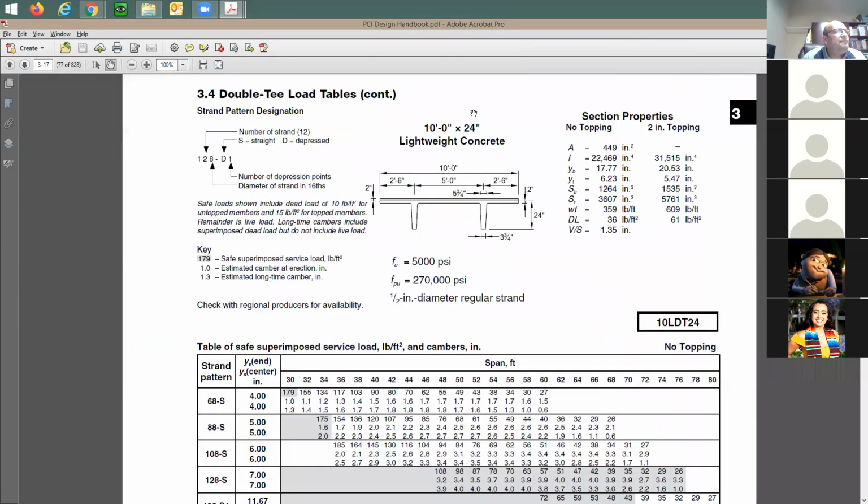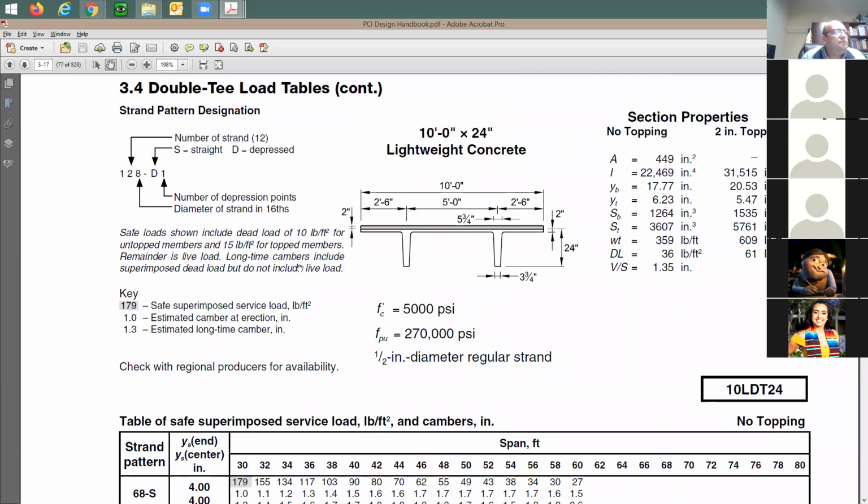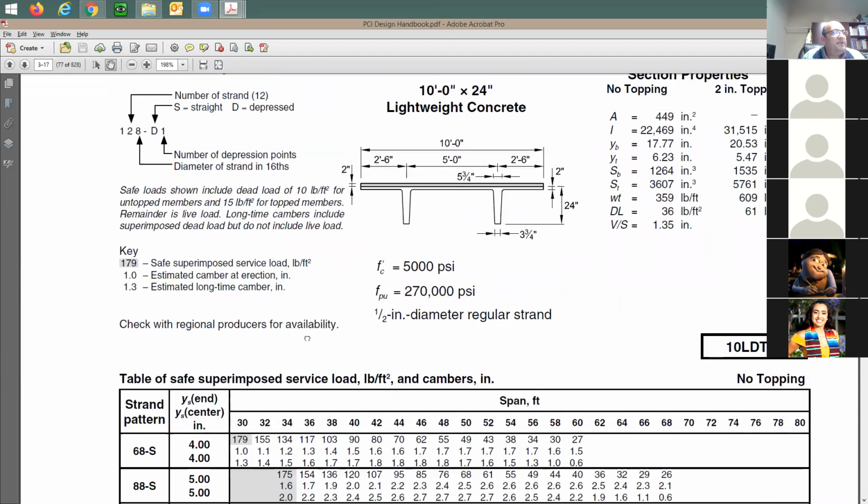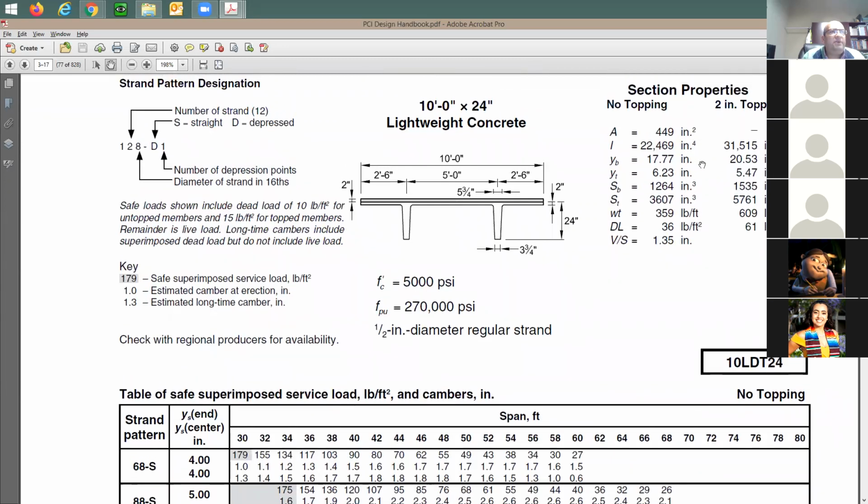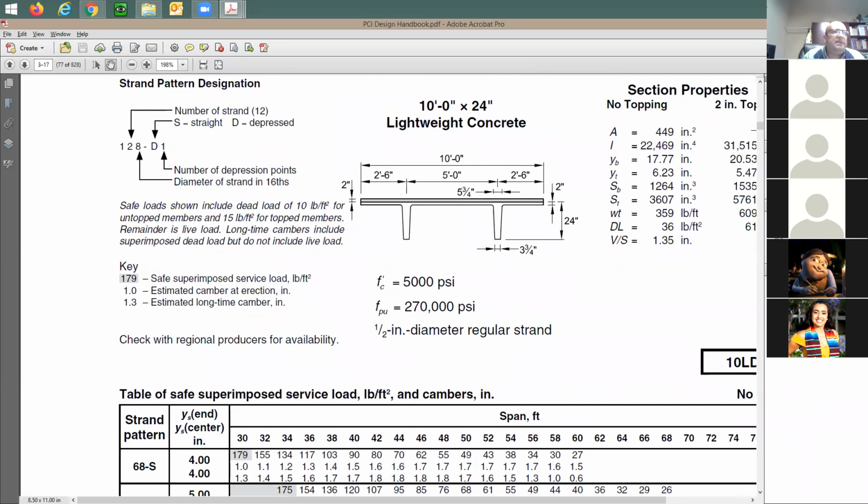Here's double T's. Okay. Awesome. Thank you. Here's the double T's. And just, you know, because I had this question and then, okay.